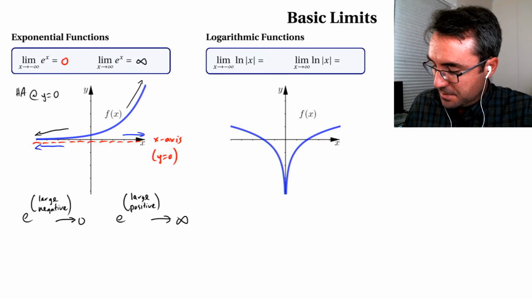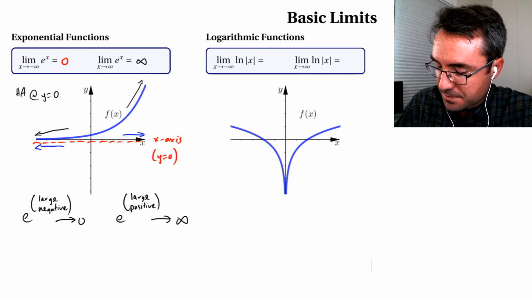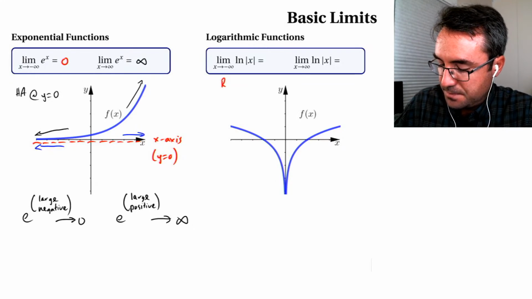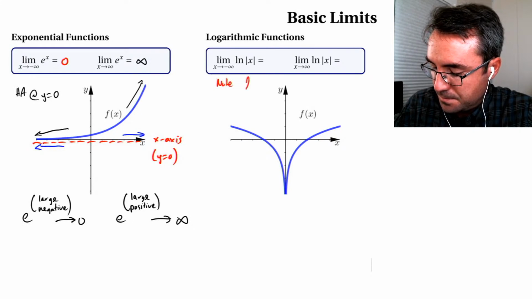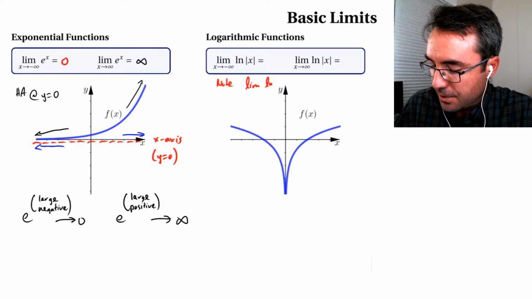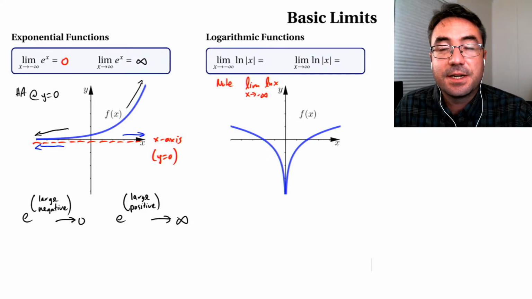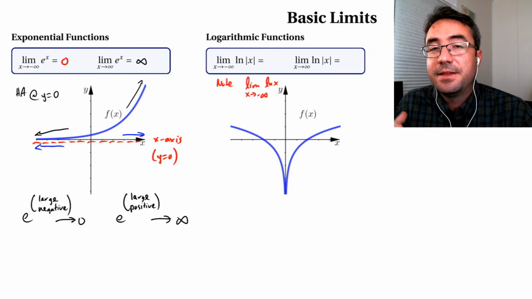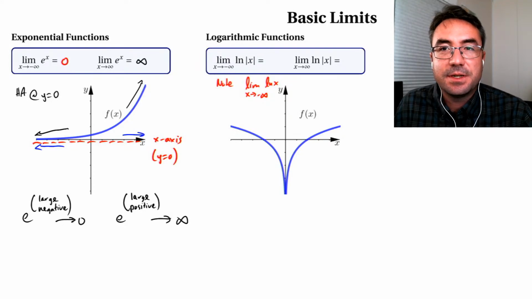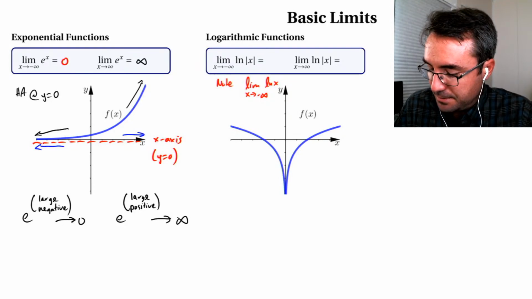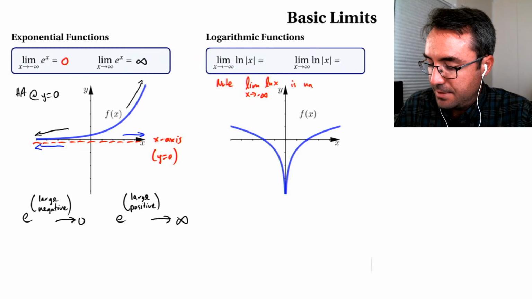Just a note. If we didn't have that absolute value, if we were just doing the limit of natural log x as x approaches minus infinity, that's meaningless. We can't plug negative numbers into the natural log function. So that would just be undefined.